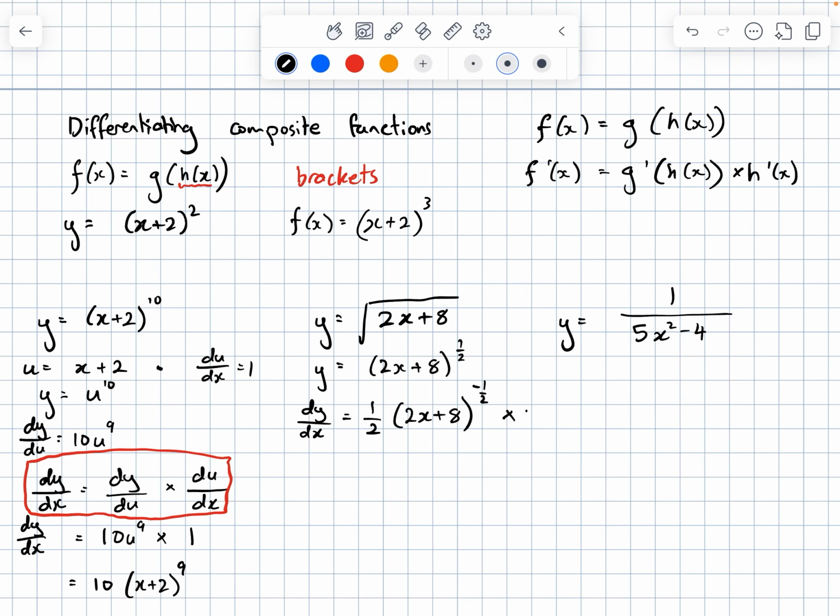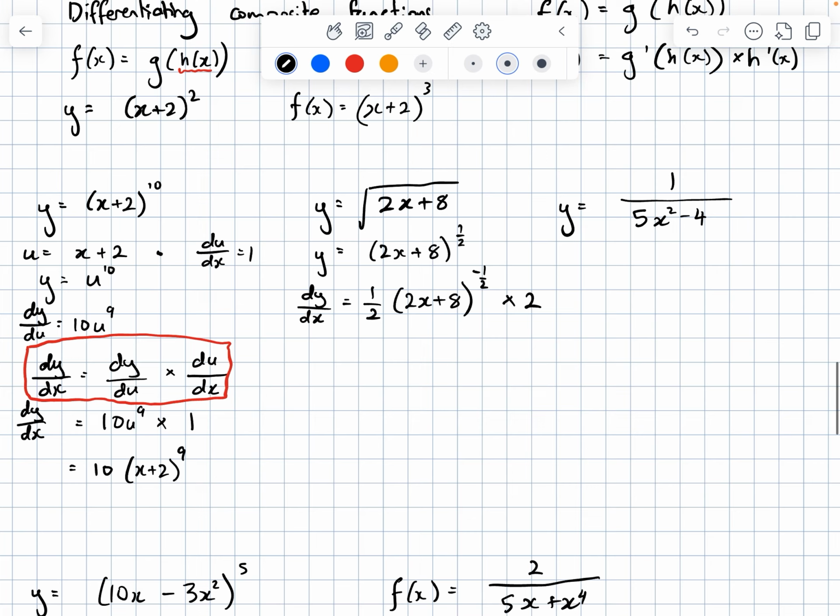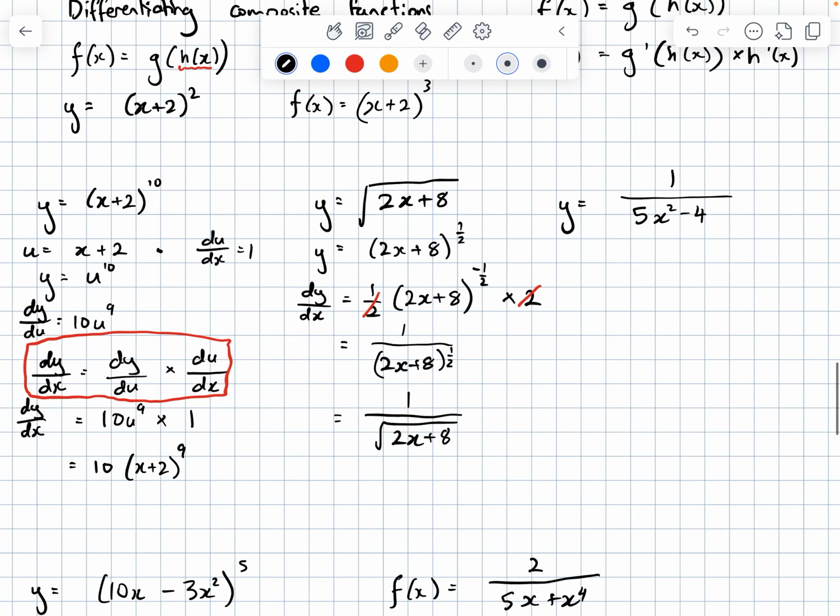The inside function being 2x plus 8, so differentiate that, I get 2. Simplifying, the half and the 2 cancel. And then I can bring this negative power to the bottom. I get 1 over (2x plus 8) to the power of 1/2, which is 1 over the square root of 2x plus 8.